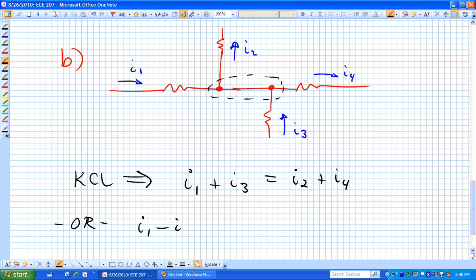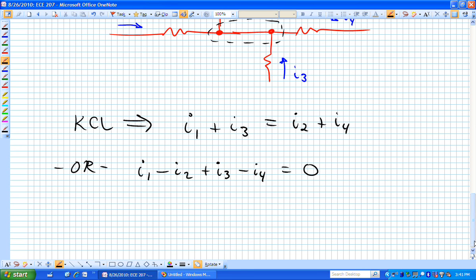We now have minus I2. I3 is defined, as we've sketched it, going into the node. I4 is leaving the node, meaning a minus I4 would go into the node. Hopefully you can see that algebraically those two relationships are equivalent. That's KCL. Not that hard.